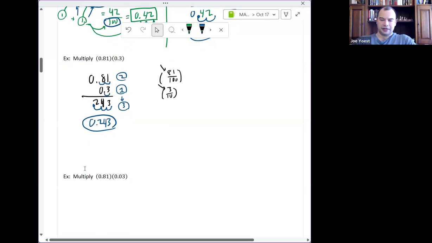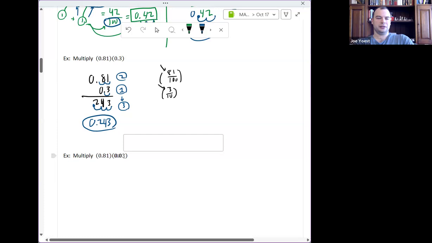What would this look like if I instead had 0.81 times 0.03? So an extra 0 in between the decimal point and the 3, or this is multiplied by 3 hundredths instead of 3 tenths. All that really does is turn this 10 into a 100, adding another decimal place.